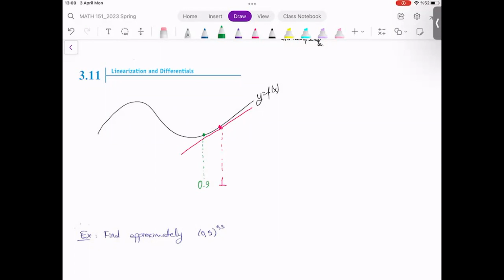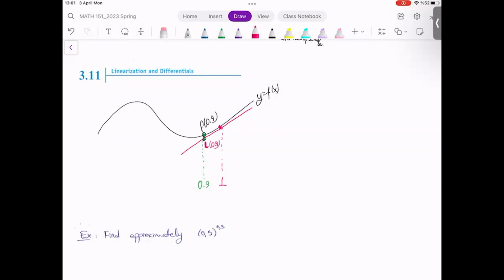And you should also consider the image on this tangent line. And as you can see, they are really close. So what is this point? This point is f of 0.9, where this point on the pink line is the image on the tangent line. And this image is denoted as L of 0.9, L being the linearization function.